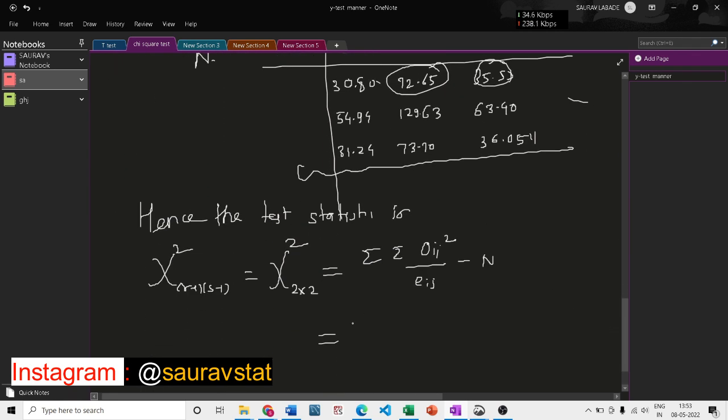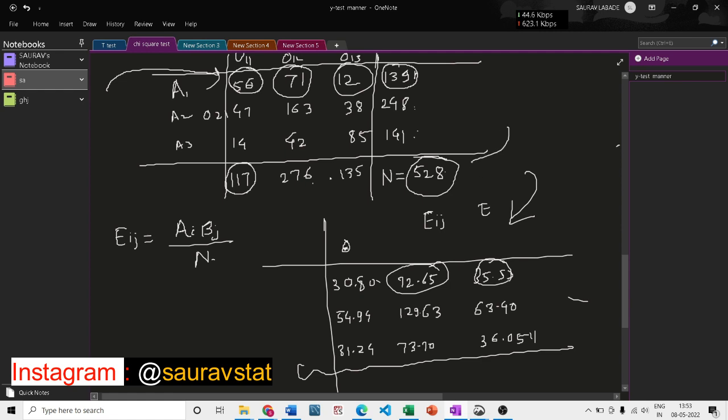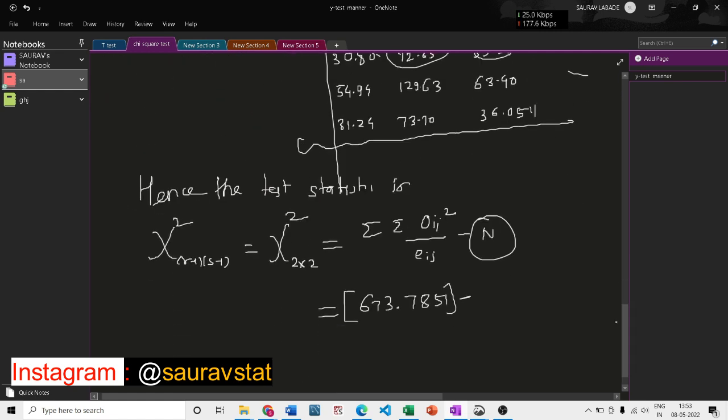Then I will get this sum, which is equals to 673.7851, right, minus the capital N. Capital N means this value, right? Which is nothing but 528.